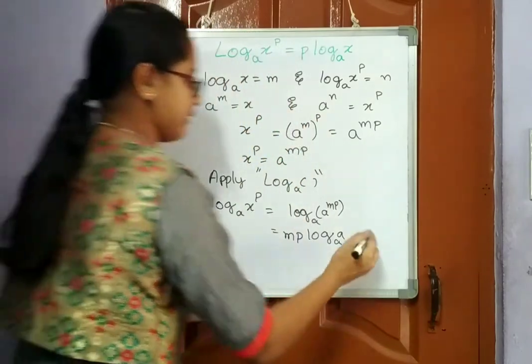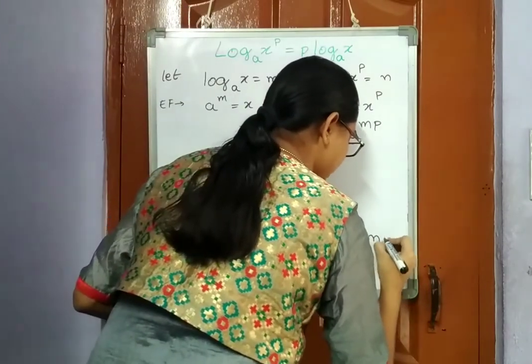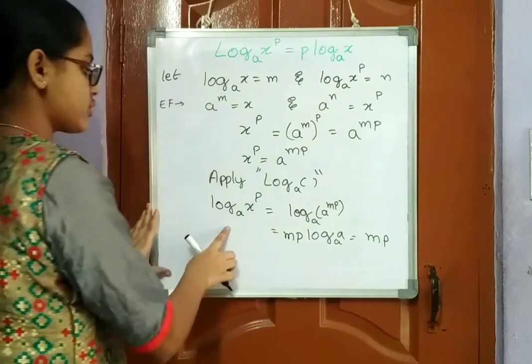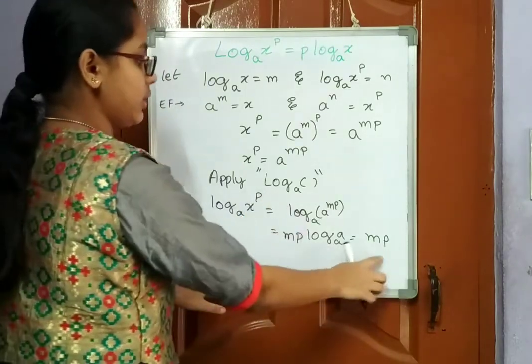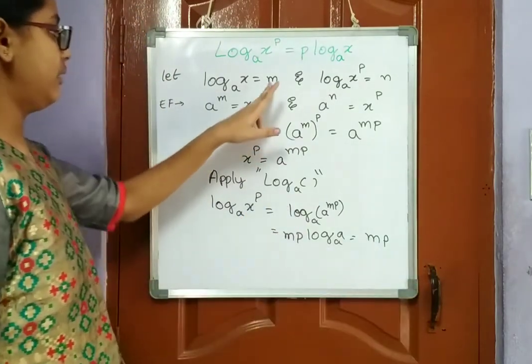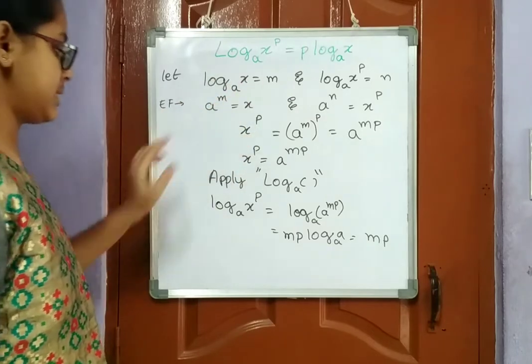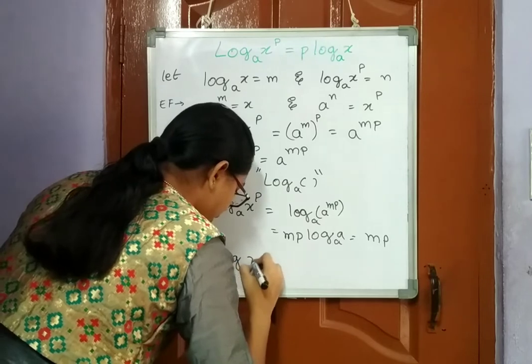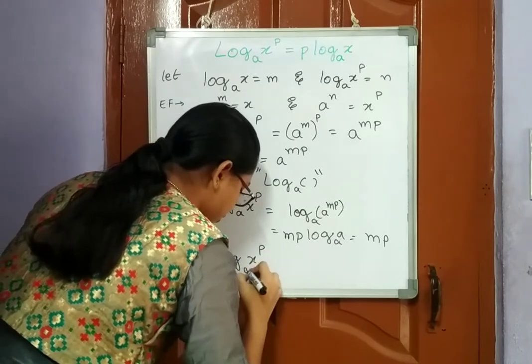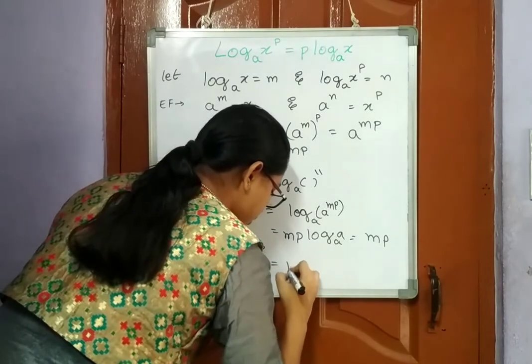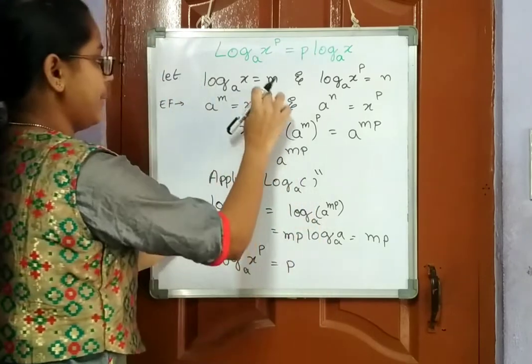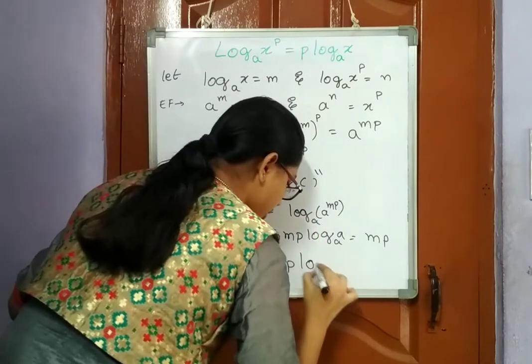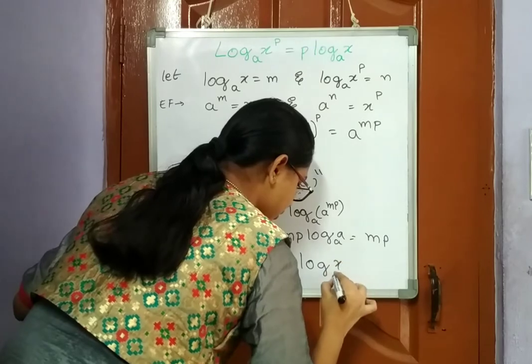Log a to the base a will be 1. Then we will get m into p. So log x to the power of p equals mp. As we have the value of m as log x to the base a, let's consider log x to the power of p to the base a equals p into m, that is p log x to the base a.